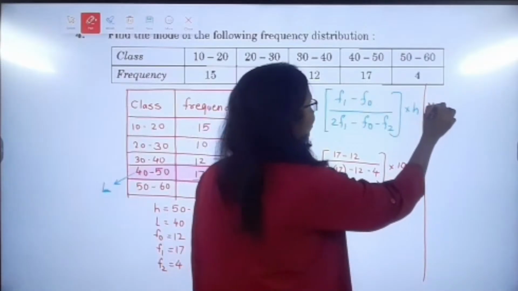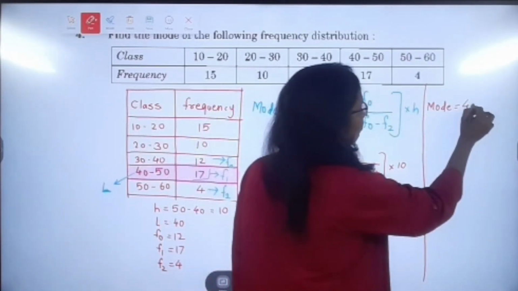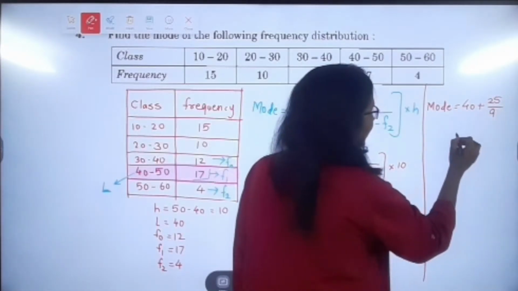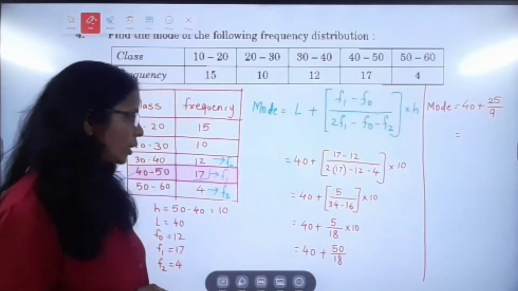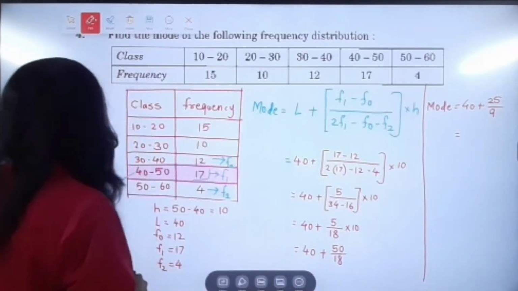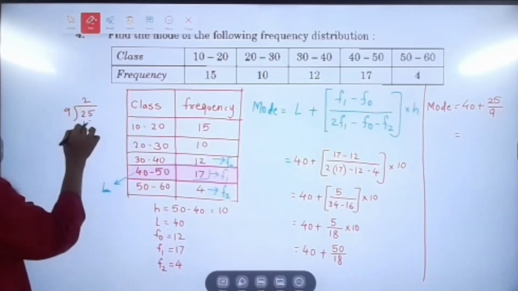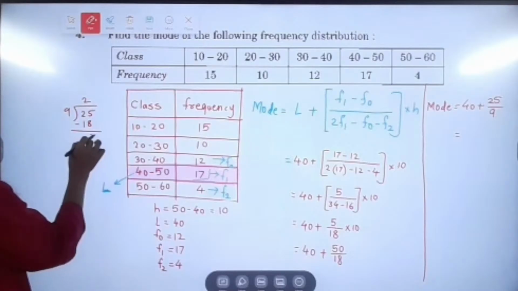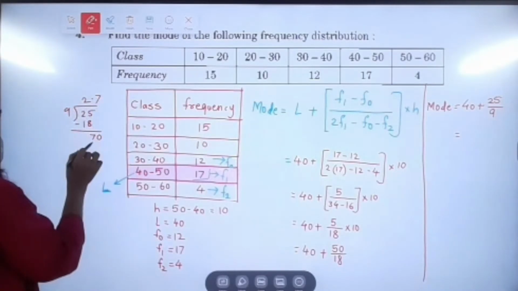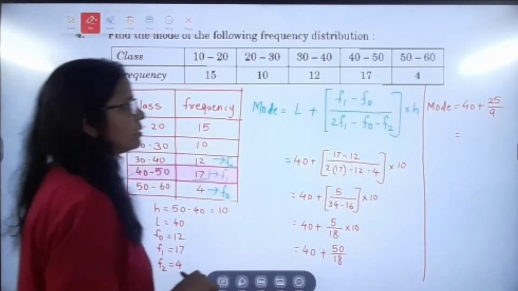So here I write down the mode is equal to 40 plus, 2 9s are 18, 2 5s are 10, so 25 upon 9. Now in the decimal form you write down this one: 9 2s are 18, then 70, point, minus 63, 7, 2.77.